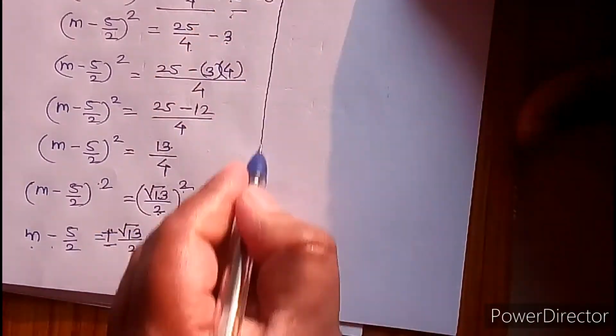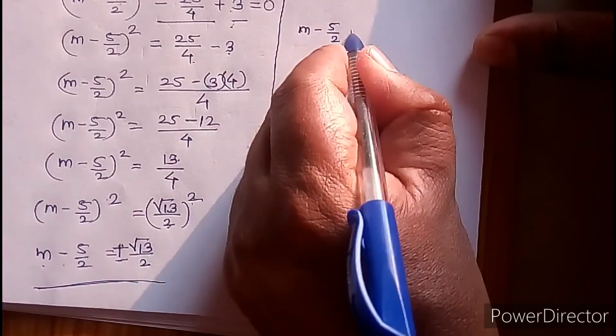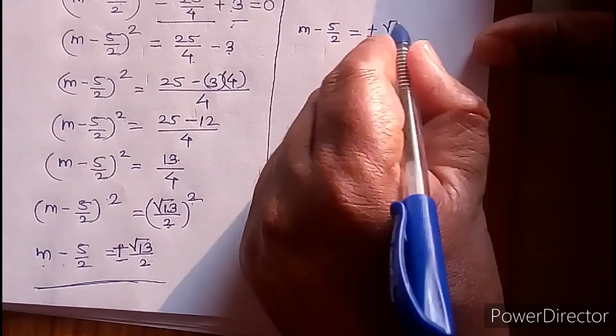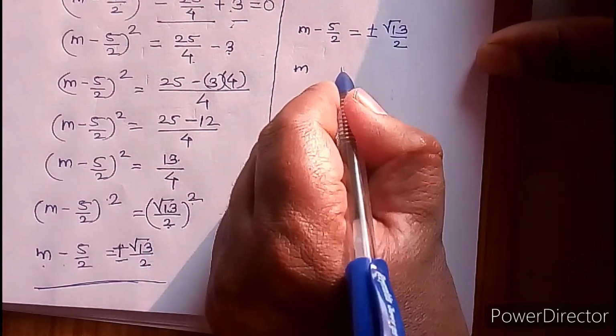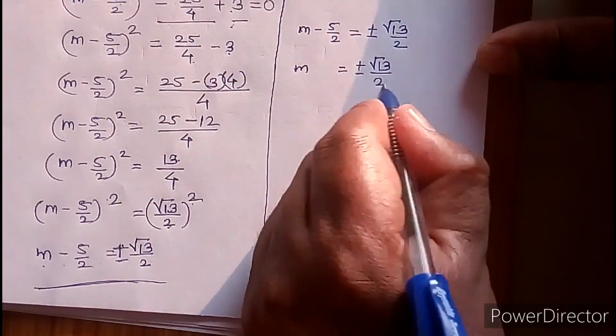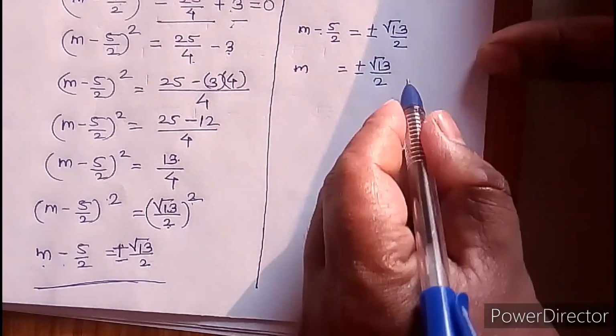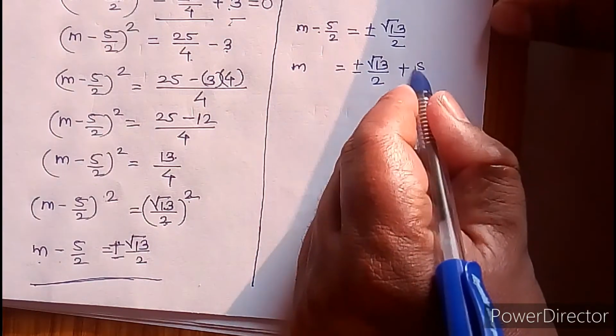Now on solving this, we get m minus 5 by 2 equals to plus minus root 13 by 2 as it is. Now this minus 5 by 2 will be shifted to the right hand side and will become plus of 5 by 2.